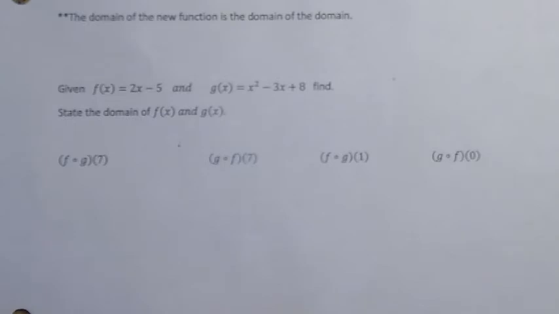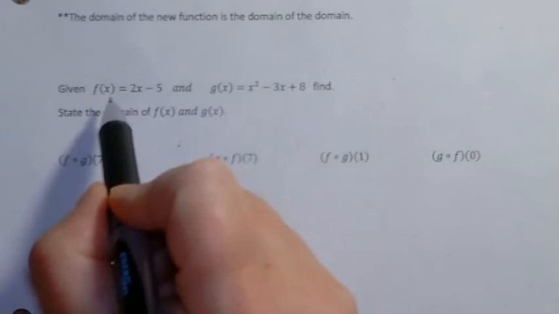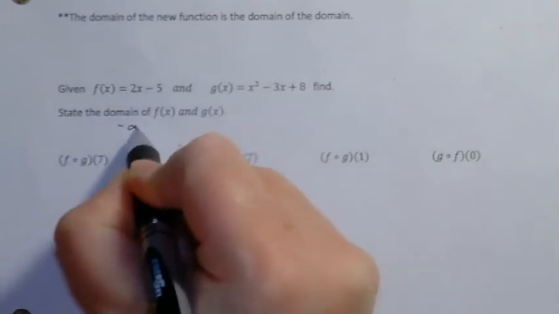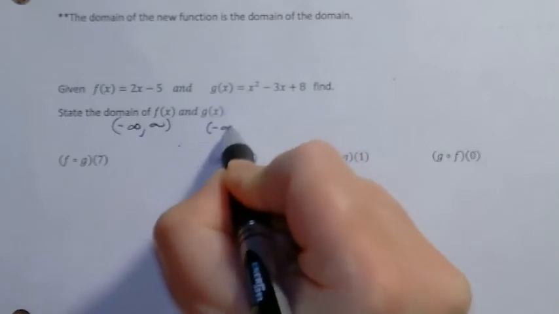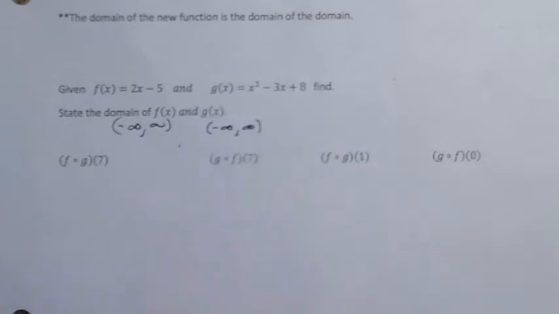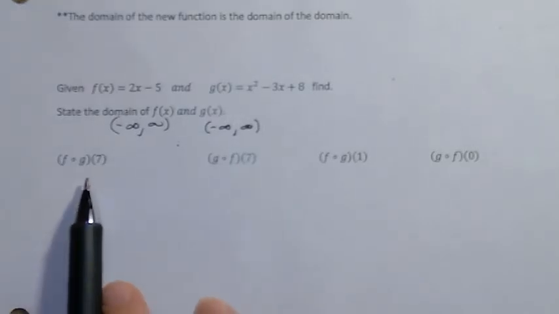Let's start off with finding domain. So the domain of f, this is a linear, so the domain of f is negative infinity to infinity, and the domain of g is negative infinity to infinity. Eventually, we're going to talk about how you find the domain when we start doing a problem with x, but for these, we're just going to start by evaluating.